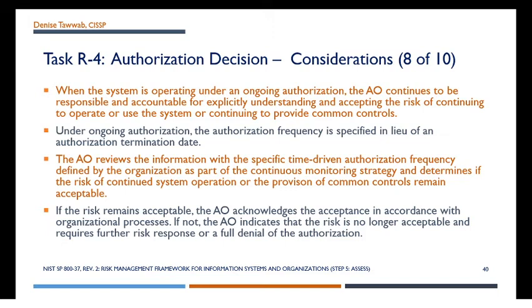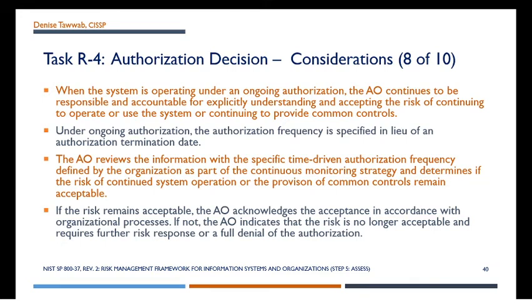So under ongoing authorization, the system is reauthorized on a predetermined schedule. The AO reviews the information with a specific time-driven authorization frequency defined by your organization as part of the continuous monitoring strategy, and determines if the risk of continued system operation or the provision of common controls remains acceptable.